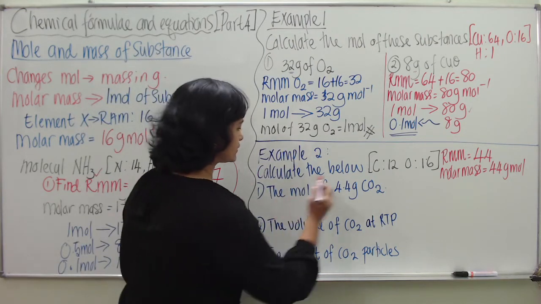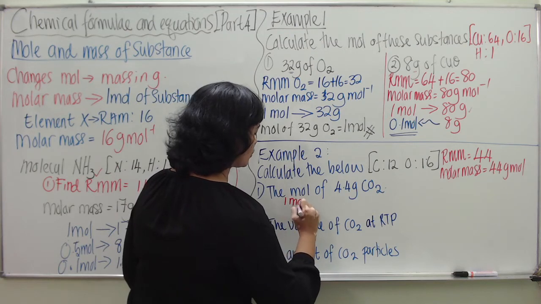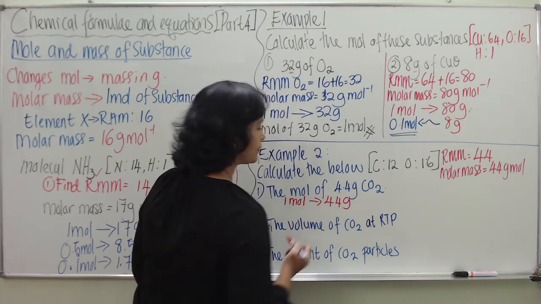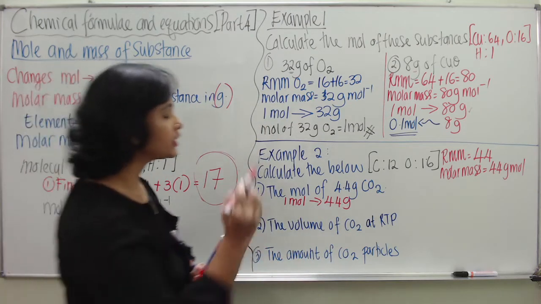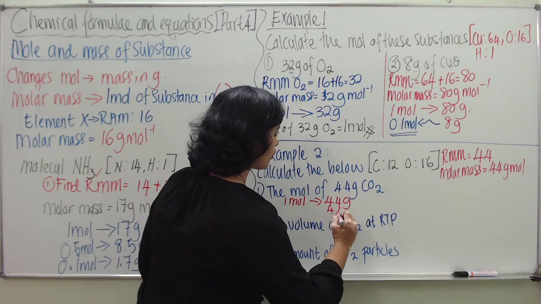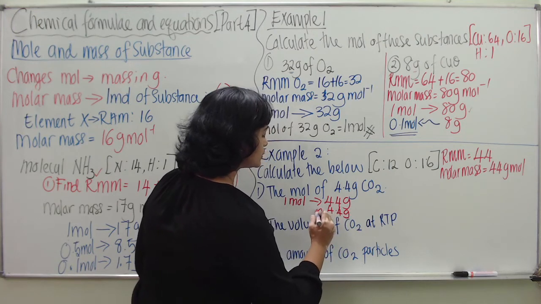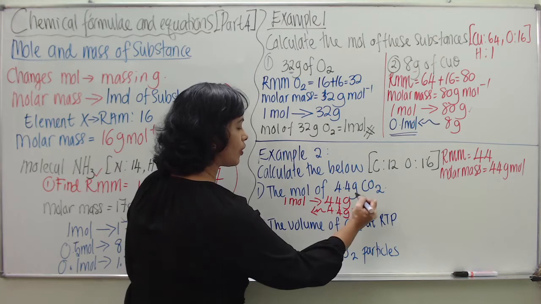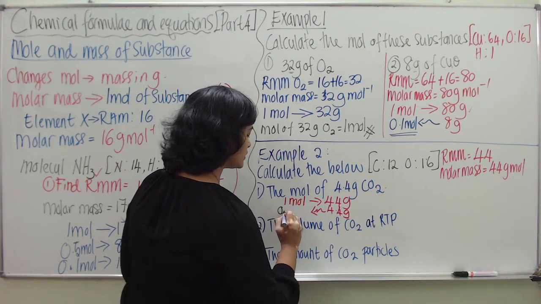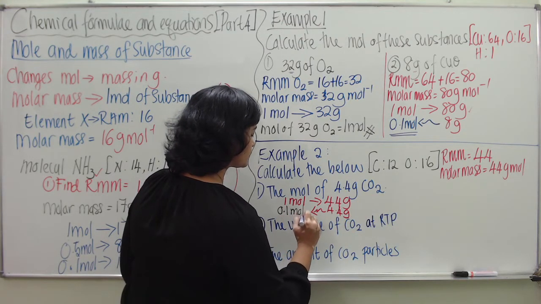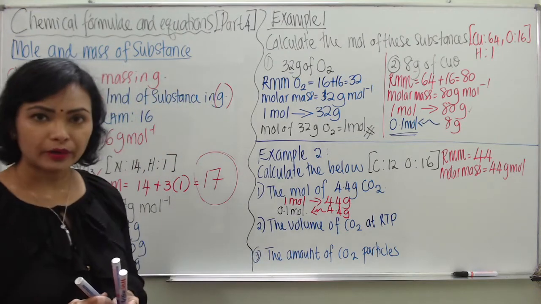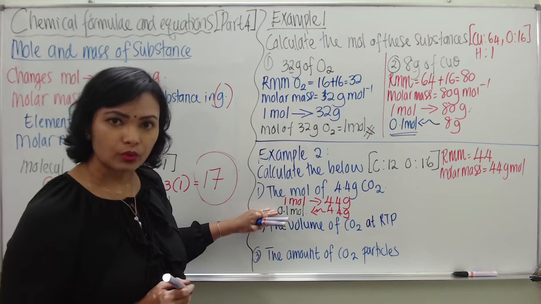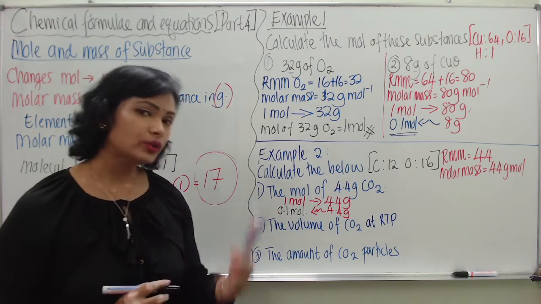So, in order for you to get 1 mole, you must bring for teacher 44 gram of carbon dioxide. But unfortunately, you only have 4.4 gram. So this means that the amount of mole in 4.4 gram of carbon dioxide is 0.1 mole.